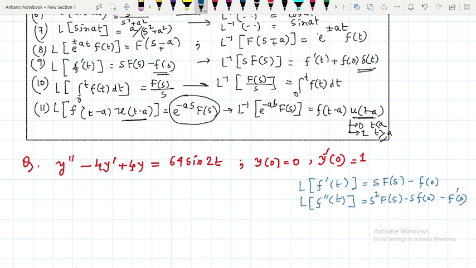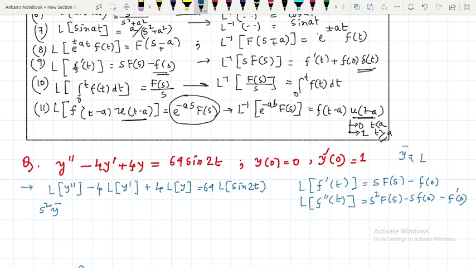so taking the Laplace transformation on both sides, we get Laplace transform of y double prime minus 4 into Laplace transformation of y prime plus 4 into Laplace transformation of y is 64 into Laplace transform of sine 2t. So this will give s square y bar. What is y bar?